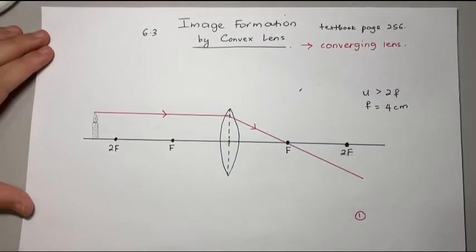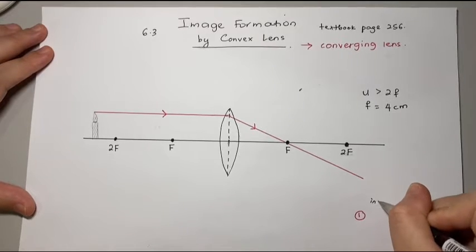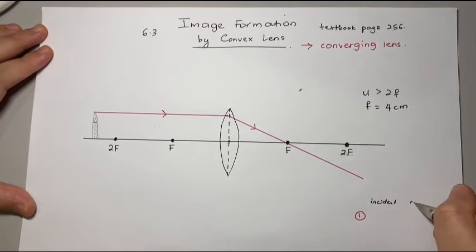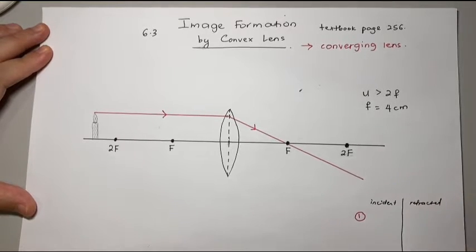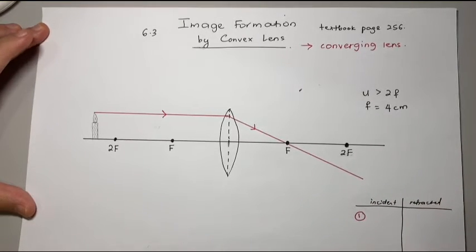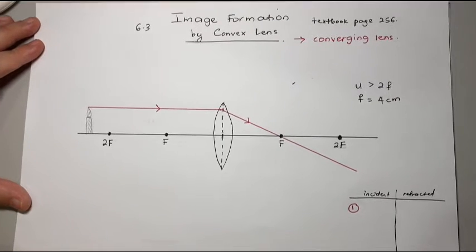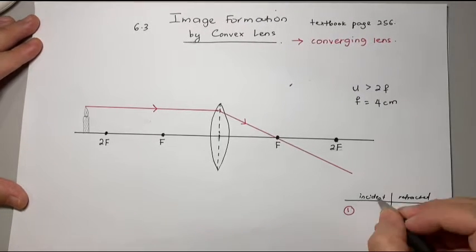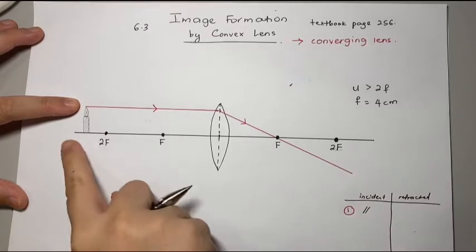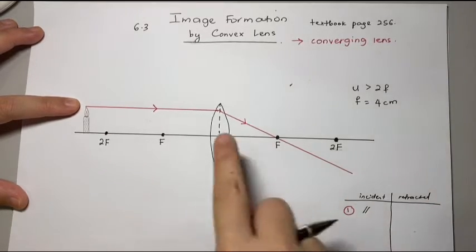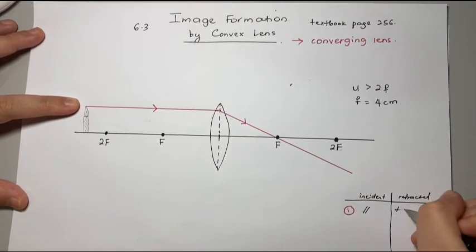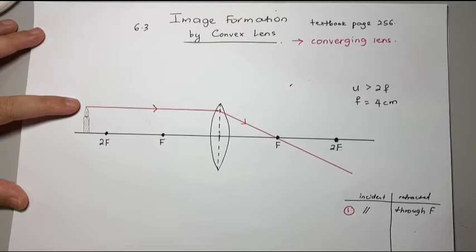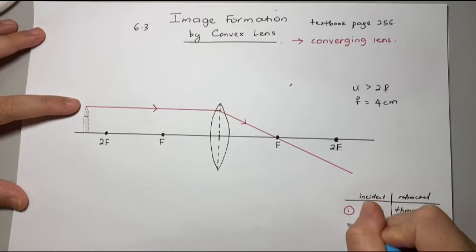Alright, so incident, refracted, oops. Okay, my first ray is parallel to principal axis, and then my refracted ray is through F. Right? Now my second ray, I'm going to use my blue pen here.